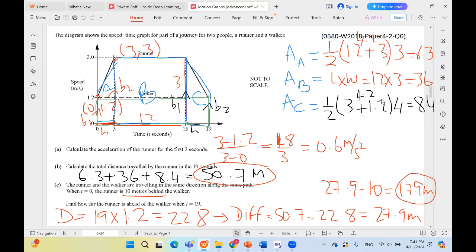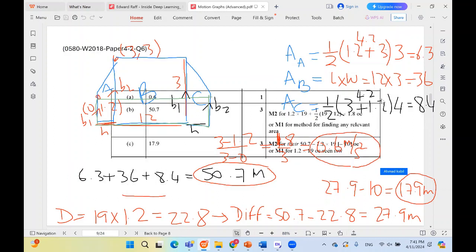So now let's just circle the answer to part A as well to compare to the marking scheme. So 0.6 is correct, 50.7 is correct, and 17.9 is correct as well.